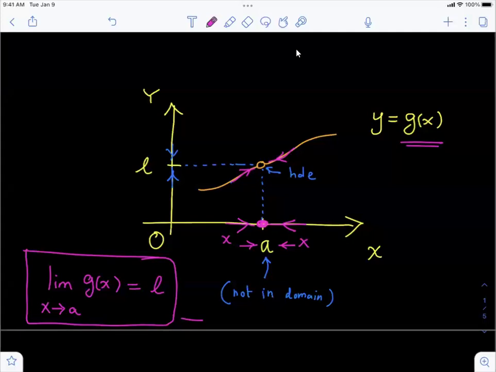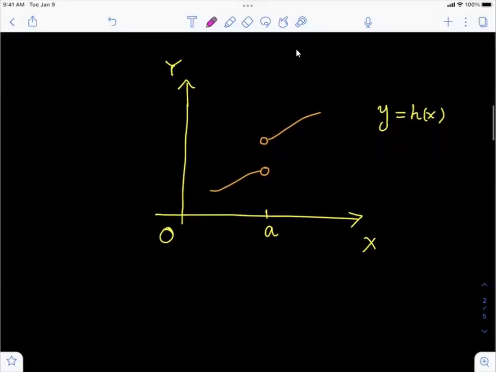Now, let's try to look at another interesting scenario. Not all hikes would be smooth enough so that you can have a simple and easy path to complete. No, sometimes there could be some jumps, there could be some steep ascents or descents.